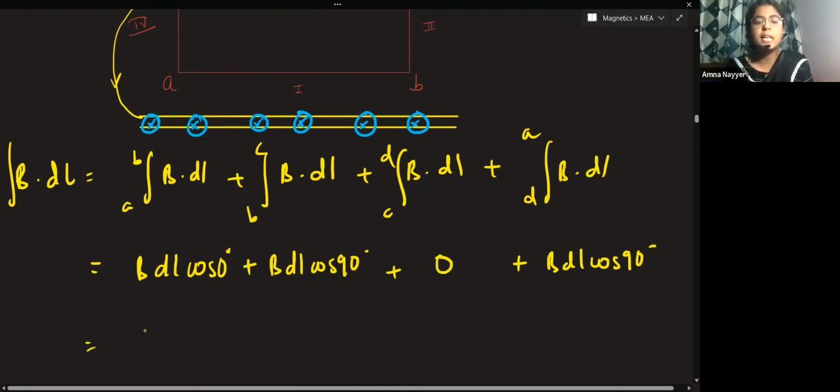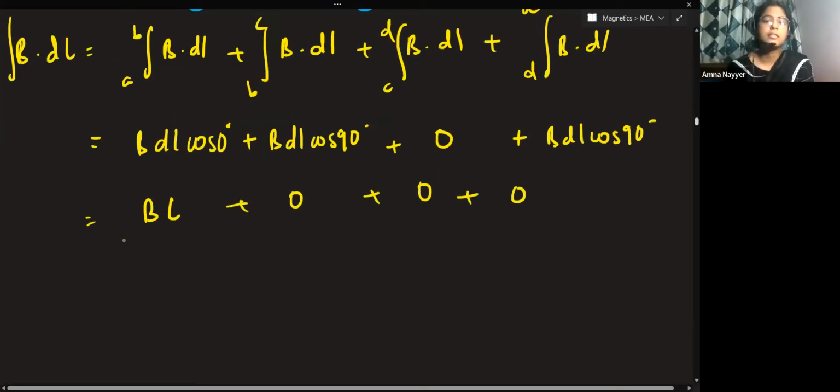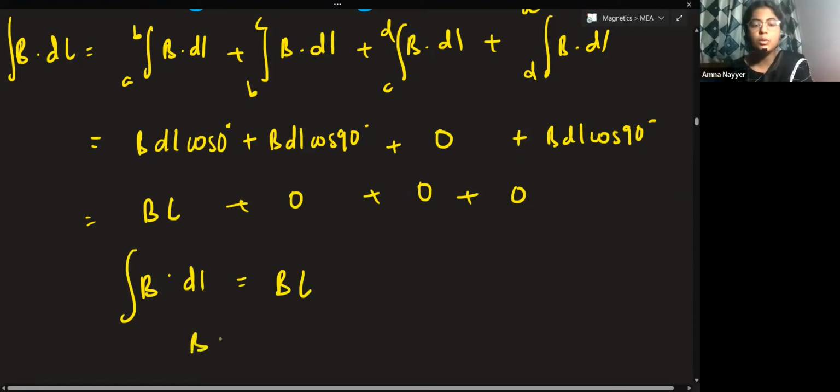Now, B dl integrated over AB becomes BL, where L is the length of this rectangle. The other parts are already 0. So the integral of B dot dl, what did we get? We got it as BL, and B into L is actually equal to mu naught I. Clear?